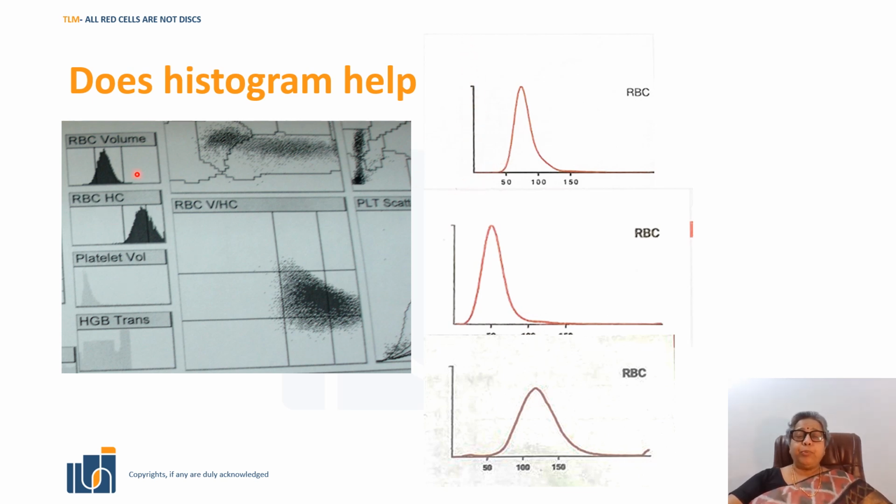Now, if you do plot the hemoglobin concentration versus the size of the cell, then you may be able to get an idea into the chromasia of the cell. So when it shifts to the right, it's hyperchromic, and when it shifts to the left, it becomes hypochromic.